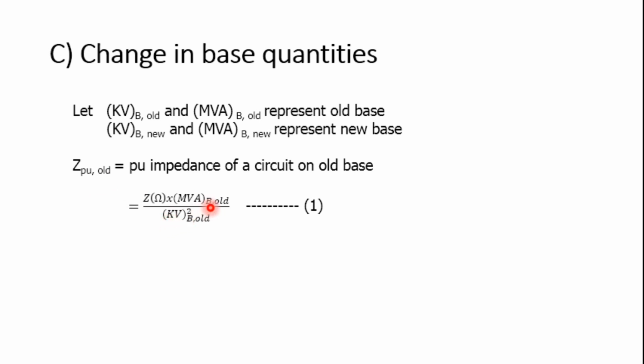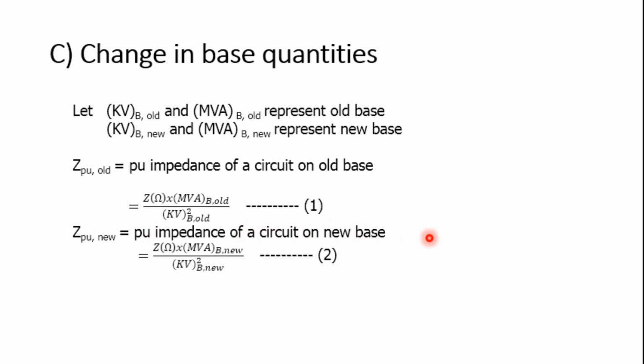Here MVA base and voltage are both the old values. Then Z per unit new is the per unit impedance of the circuit on a new base. The same equation: Z per unit is equal to Z in ohm into MVA base divided by kV base square, but here both are new.